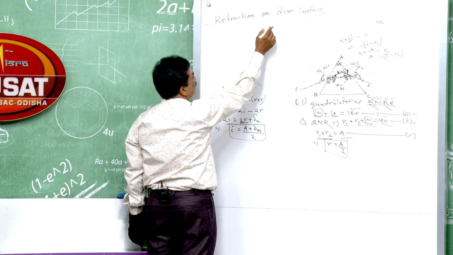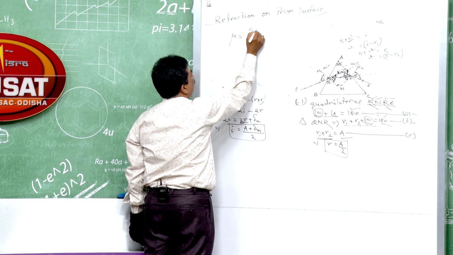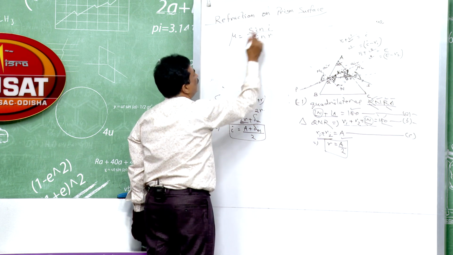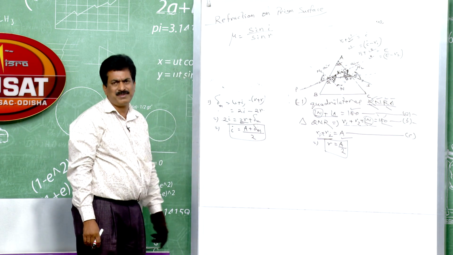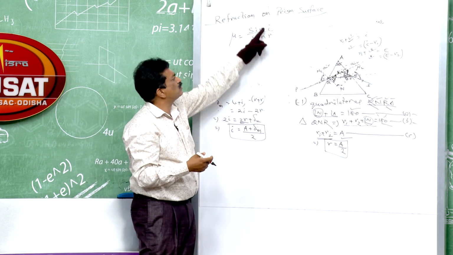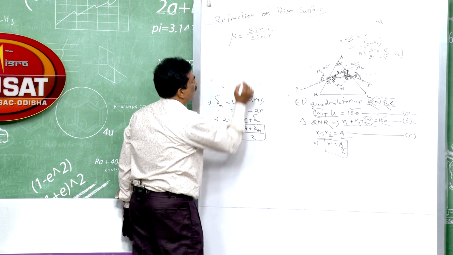So, when the refraction is taking place on the prism surface, you know mu is equals to sin I by sin R. Whenever the refraction is taking place, it will satisfy Snell's law. According to Snell's law, mu is equals to sin I by sin R. But I is equals to how much? A plus del m by 2.